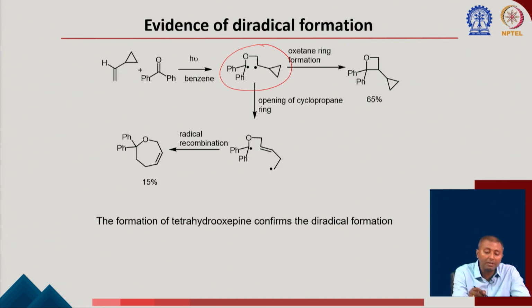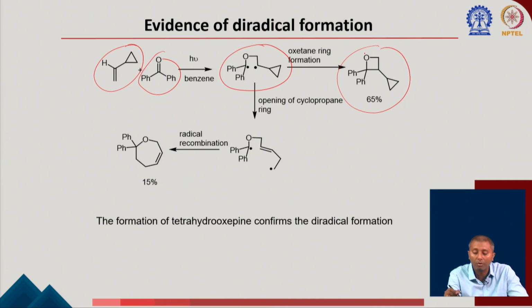If the Paterno-Buchi reaction happens between benzophenone and this vinyl cyclopropane, then after formation of the biradical, it can go to the corresponding oxetane product, or the cyclopropane ring can open, because cyclopropane is a strained ring. If you have a radical here, it will allow ring opening and formation of this radical.